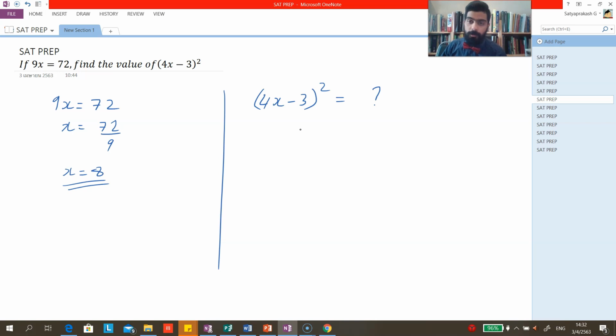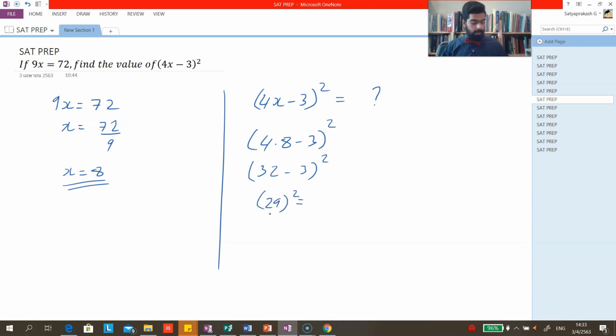Now we can take the value of x and substitute it here. So we would have 4 multiplied by 8 minus 3 the whole square, which is equal to 32 minus 3 the whole square, which is equal to 29 the whole square.